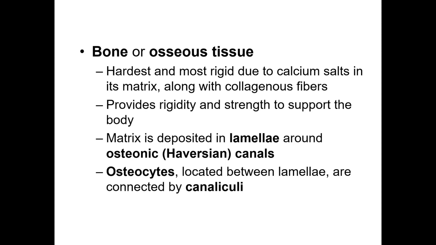And this is because they also have some collagen in them. So they provide rigidity and strength to support our body. They function in physical support, leverage of muscle action, protective enclosures of viscera, and a reservoir of calcium and phosphorus.